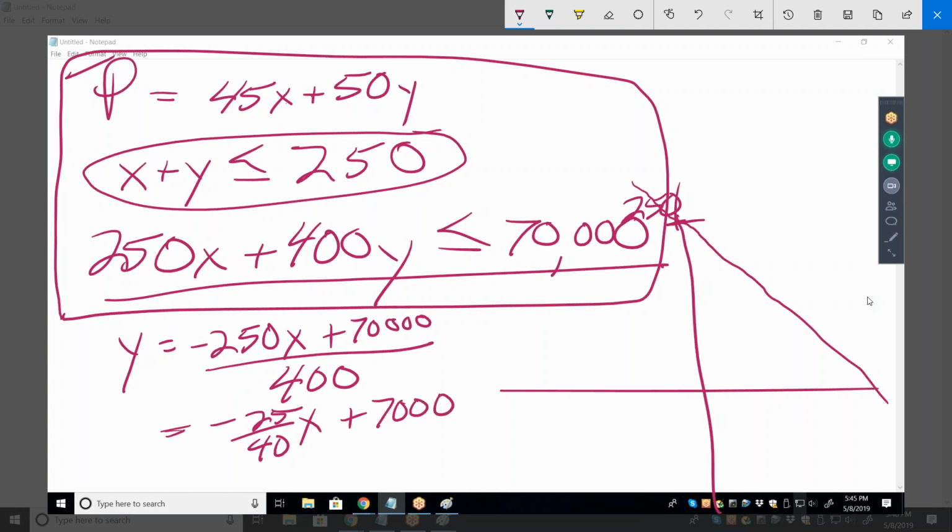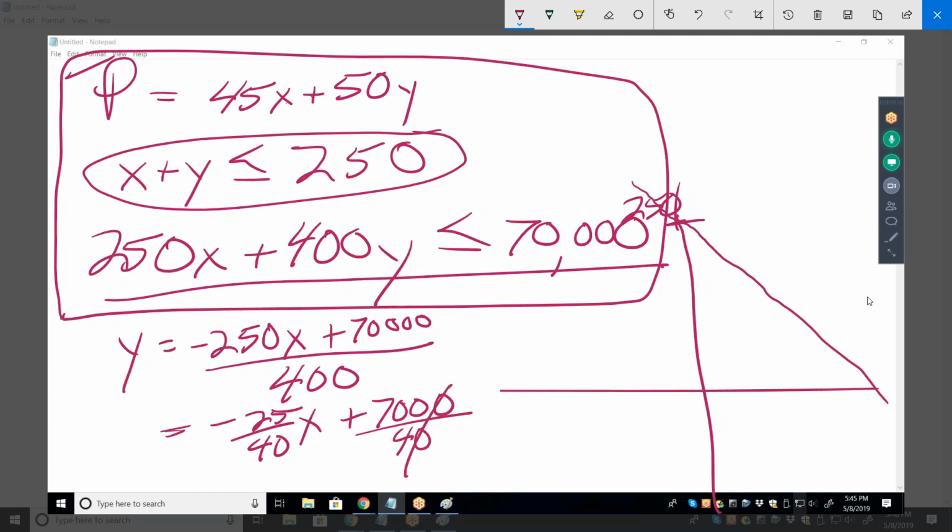So all I did was just take off a 0. Well, that's a negative slope. It's not a negative 1 slope. It's a little flatter. And it goes through a much higher 7,000 instead of 250. 7,000 over 40. Not just 7,000.